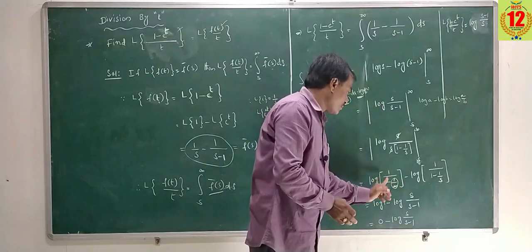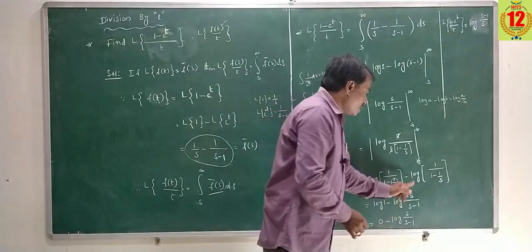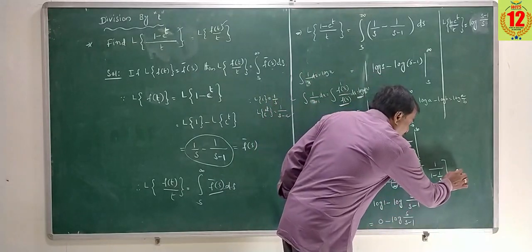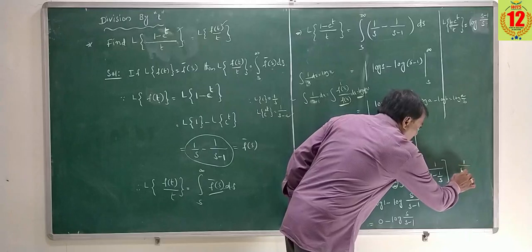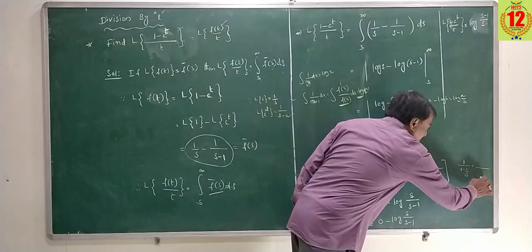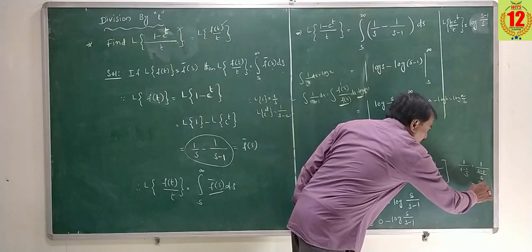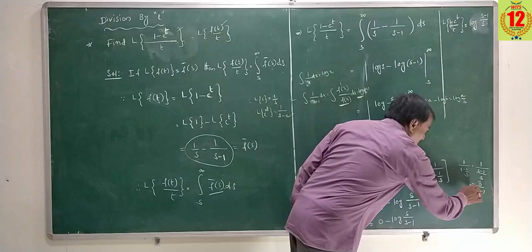So we get log 1 minus log of 1 by 1 minus 1 by s. In the denominator the LCM is s, giving s minus 1 by s, so this is s by s minus 1.